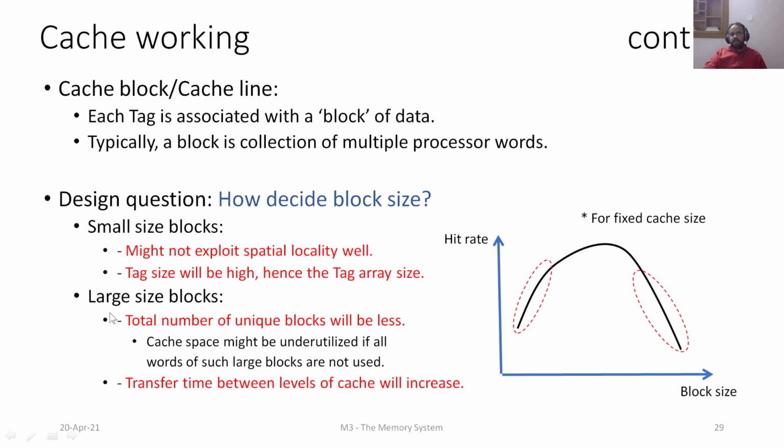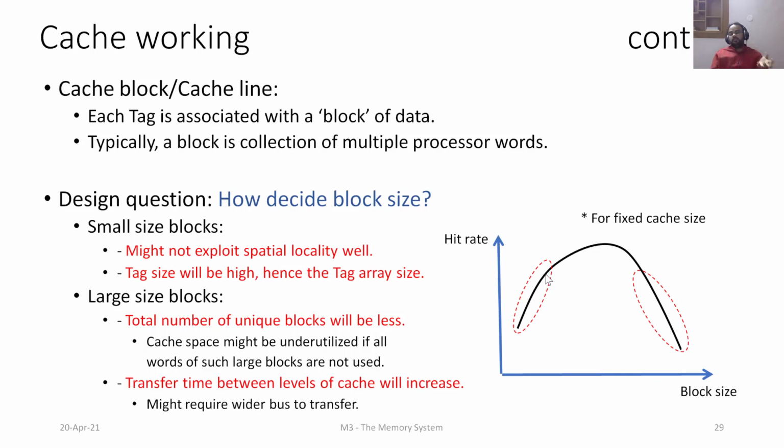In addition, for large block sizes, the transfer time between the cache levels will also increase. Let's say to transfer 64 bytes from L1 to L2 or L2 to L1, it takes some finite amount of time. Now to transfer 128 bytes, the time would be twice of it, because the bus width is typically small.